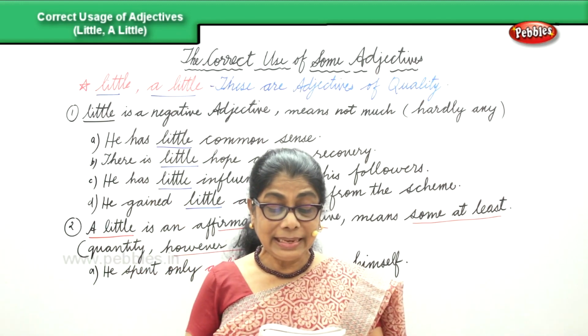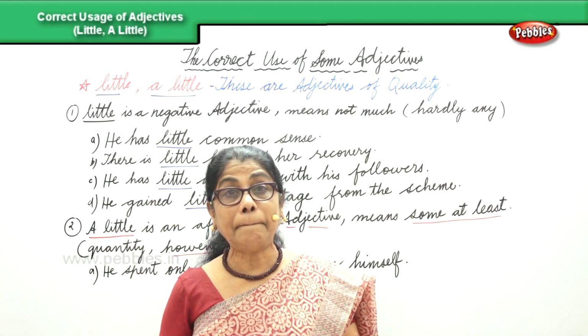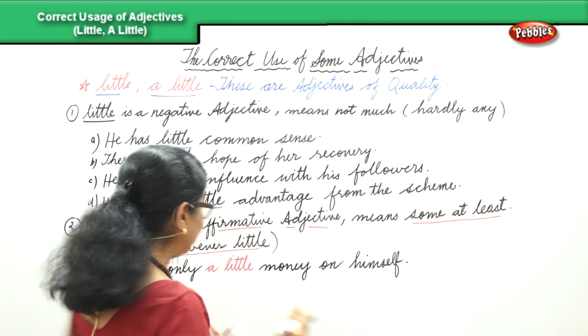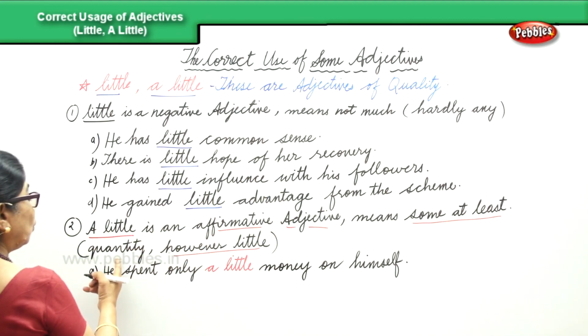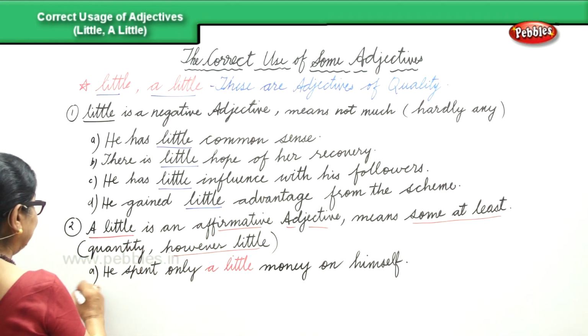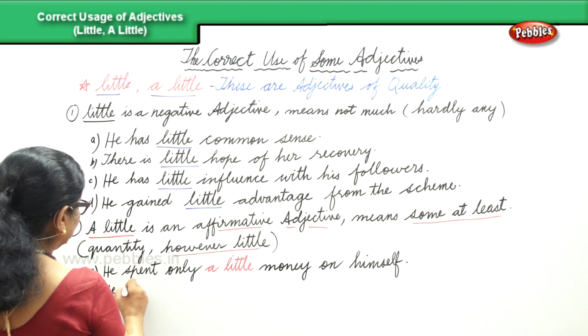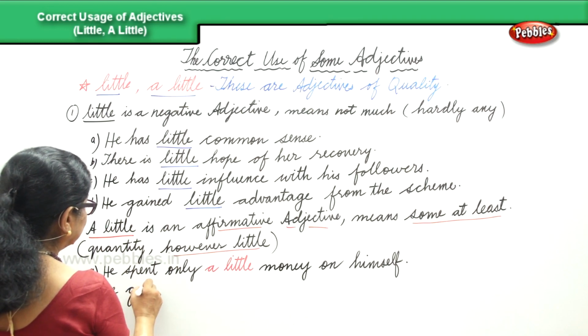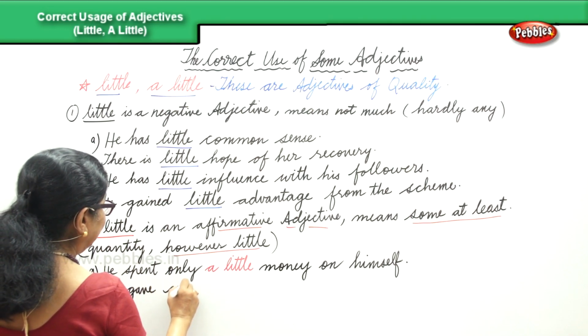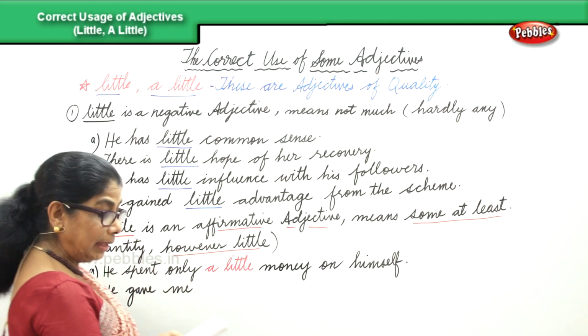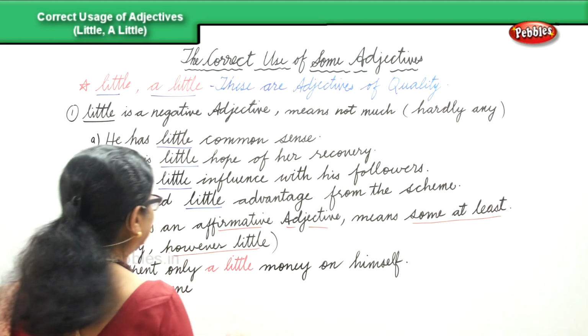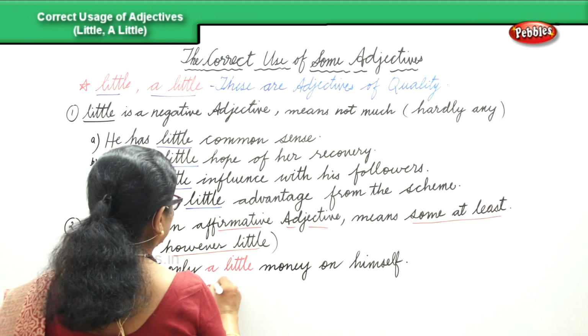Next sentence, he gave me a little butter, a little bit of butter. When you say quantity, however little he gave. Not much, a little. So the next one is, he gave me a little butter.